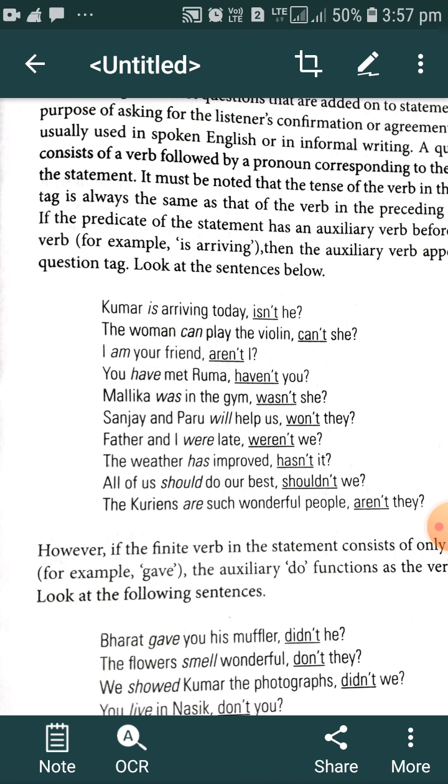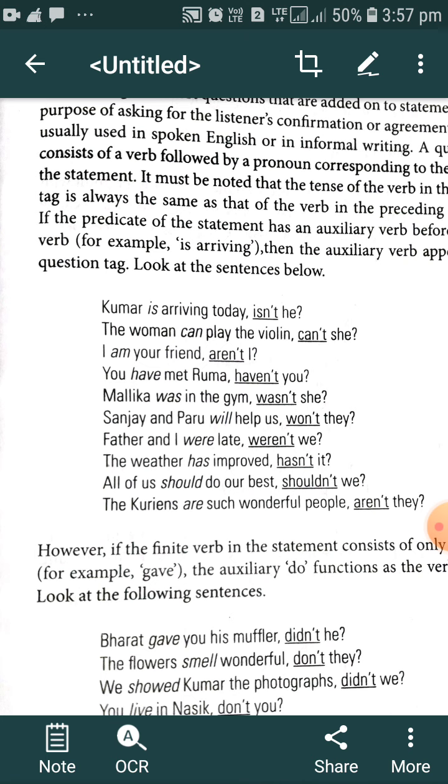You must also understand that instead of Kumar we have used the pronoun he, not Kumar. We don't need to use a proper noun in the question tag. Instead of a proper noun we have to use a pronoun. Then we have to use the same auxiliary verb in the question tag.